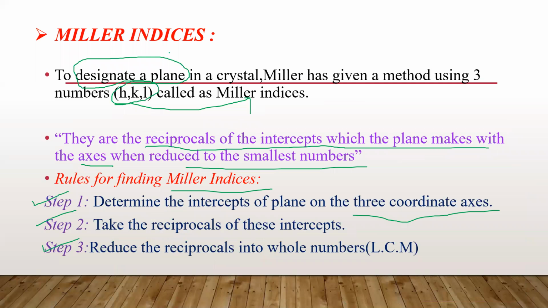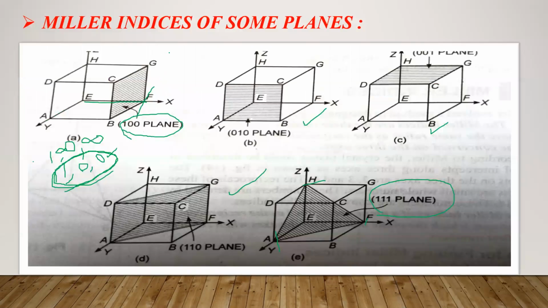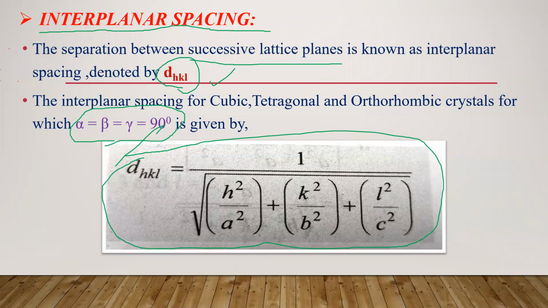And then we discussed Miller indices. We learned how to calculate Miller indices in 3 consecutive steps, and I have given one example. And vice versa, we can now obtain a plane from Miller indices, or Miller indices from a plane. Then we looked at the Miller indices of a few planes. Then we came to interplanar spacing between successive lattice planes of cubic, tetragonal or orthorhombic crystals.